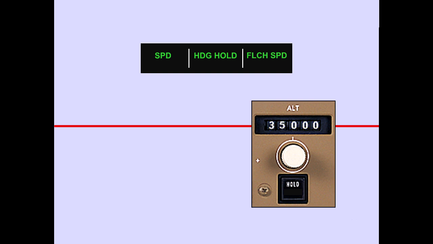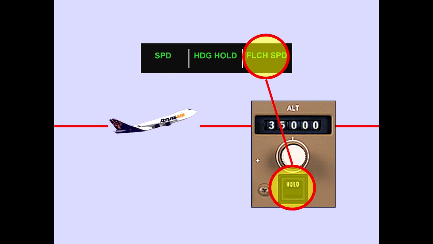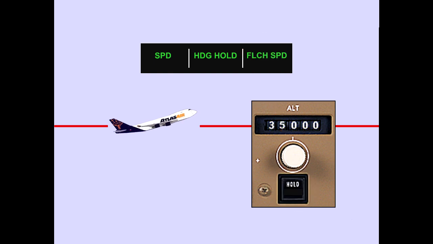The flight level change mode ends with an automatic level off. The result is level flight in the altitude mode at the pre-selected altitude.